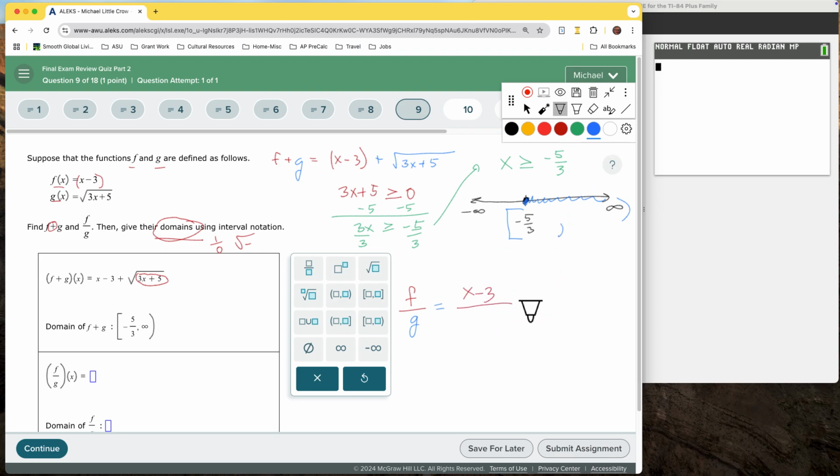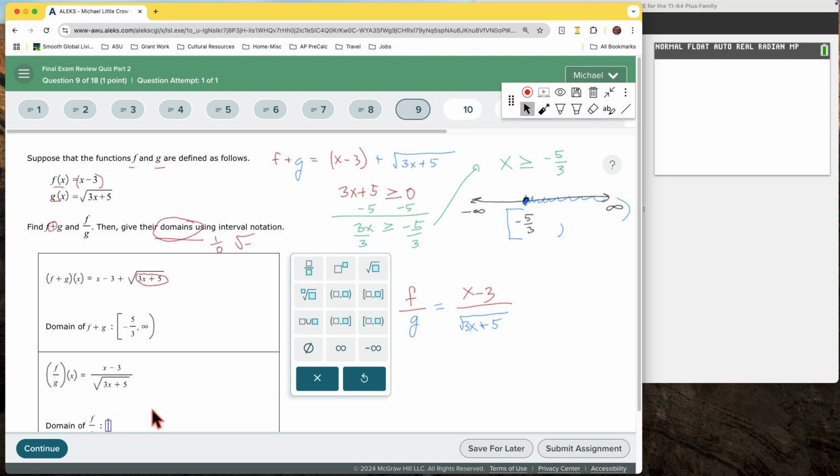In the denominator is the g function, square root of 3x plus 5. Now there's a little different thing here. Okay, so that's the function. Let's go ahead and put that in. There's nothing to simplify here. That was actually fairly straightforward. x minus 3 over the square root of 3x plus 5.